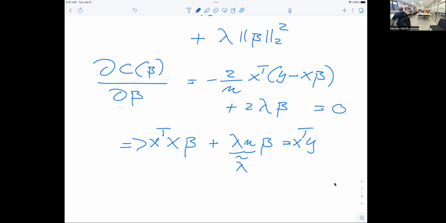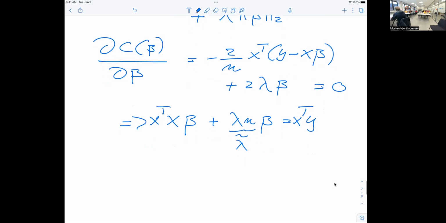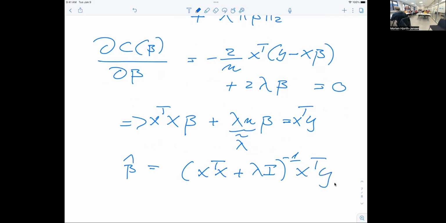And then if I don't want to keep the tilde, I just call it lambda again, because it's just a parameter, right? So at the end, you see now that the optimal beta is given by this matrix x transpose times x plus lambda times the identity matrix, inverted, multiplied with x transpose times y.